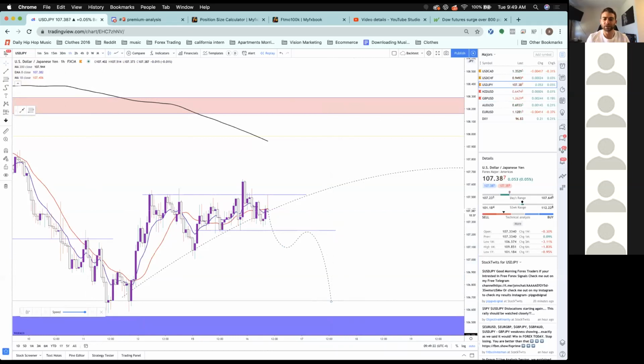And the point is, you guys have got to realize, especially if you've taken a course, if you've done a lot of backtesting, if you have a lot of experience, and you can't identify structure right now, that doesn't mean you don't know what you're doing. You've got to just take a step back and let the market breathe a little bit. And as structure starts to form, that's when you can step back in and take some entries with confidence and obviously make some profits. So, that's all the pairs that I have for today.